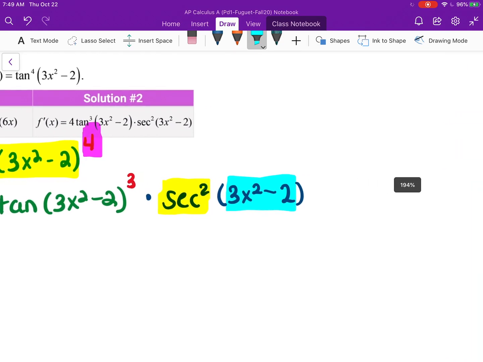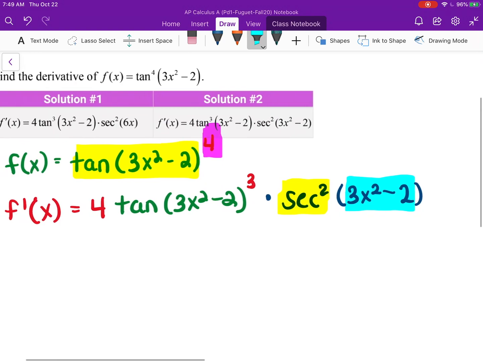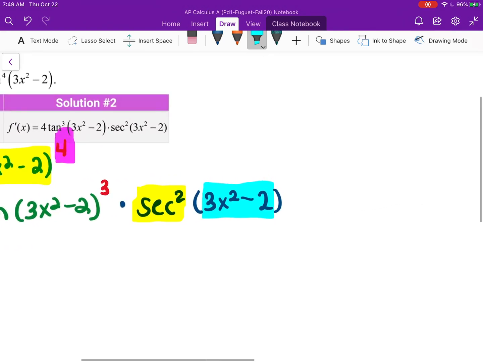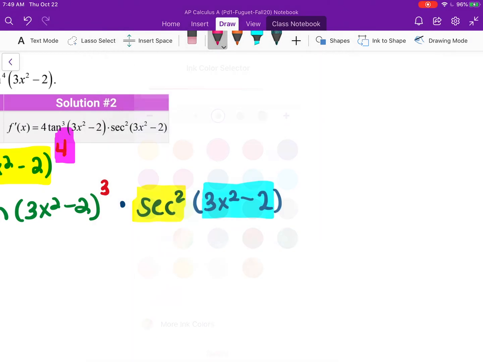So we actually have to use the chain rule again. Secant squared of 3x squared minus 2 is the derivative of the original inside function, but this derivative is not complete yet because we have another inside function within it.